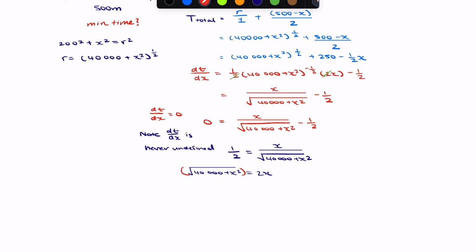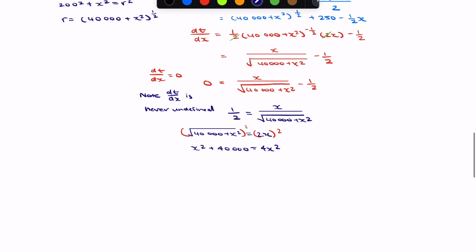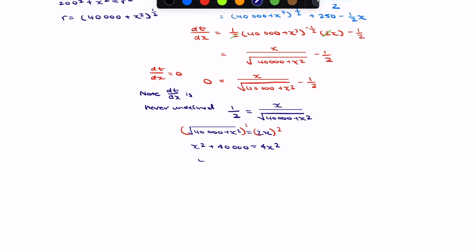Now we'll square both sides. Here we'll get x squared plus 40,000 is equal to 4x squared. Move the x squared to the other side. We'll get 40,000 is equal to 3x squared. Divide both sides by 3. We'll get x squared is equal to 40,000 over 3. And we'll square root both sides now.